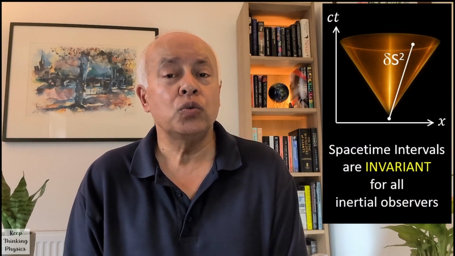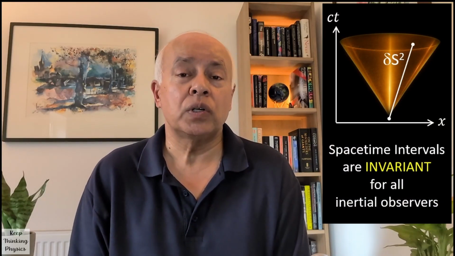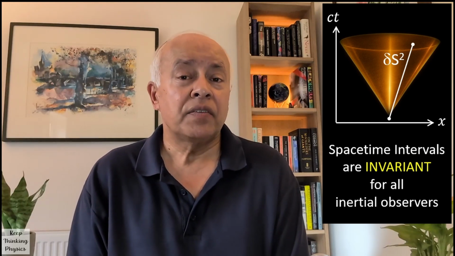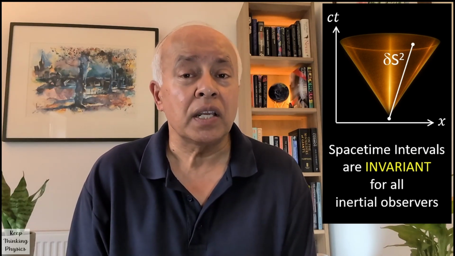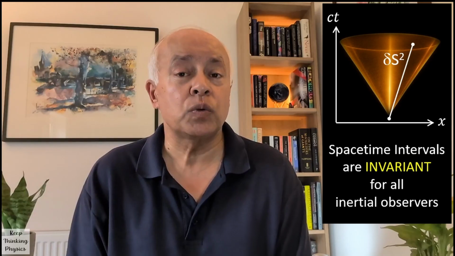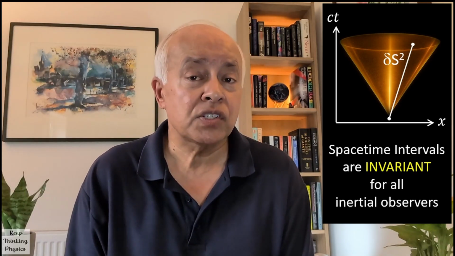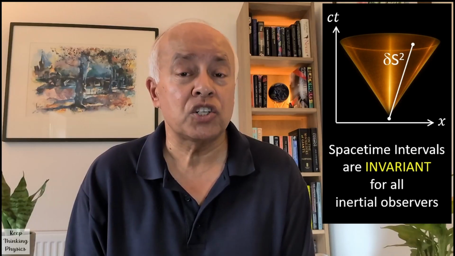And that's a good place to leave space-time intervals for now. Hopefully you have followed along and seen how the constant nature of the speed of light leads to the fact that space-time intervals do not change when measured by two inertial observers. If there are two events in space-time, then all observers will agree on the space-time interval between the two events, even if the observers are in different frames of reference and moving with respect to each other.